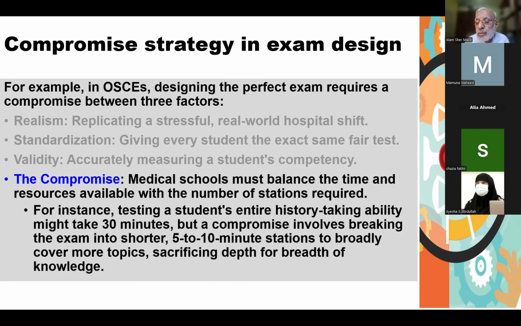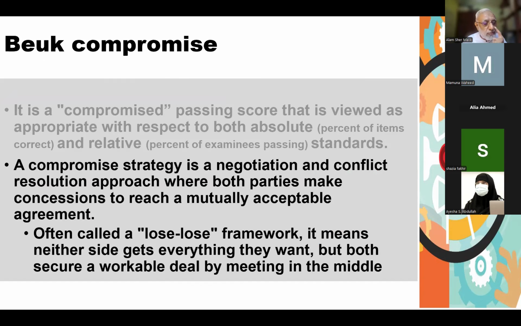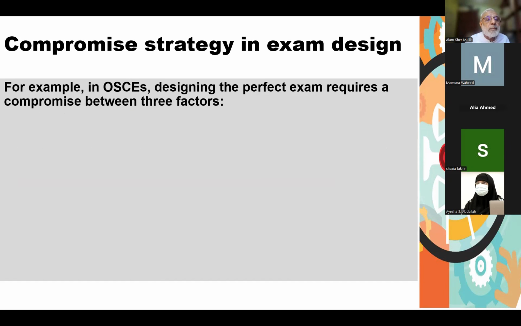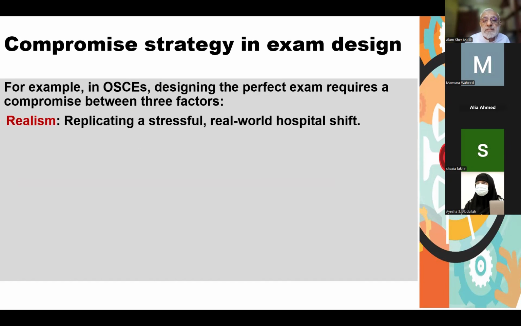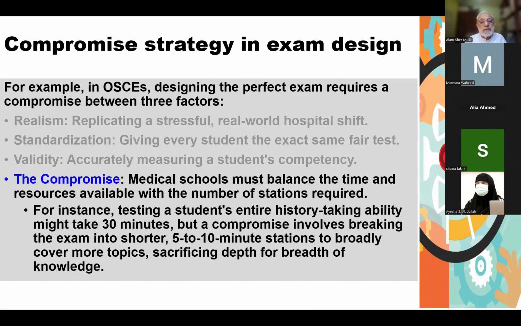So these are two compromises which we normally make during our examinations while using this standard setting method. One is the compromise strategy in exam design based on our resources and the facilities available to us, keeping in the spirit of OSCE of standardization.